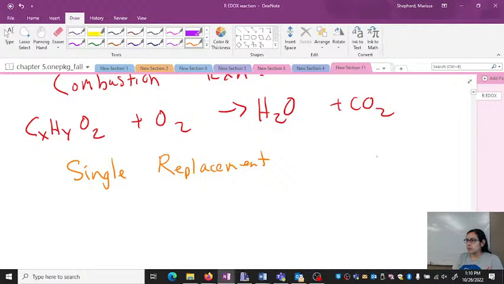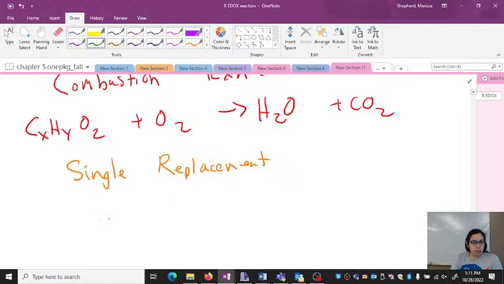It goes from element on one side to compound on the other. Would sodium chloride be one? So it has to be reacting with something. So maybe, I was trying to think of an example. So we were saying we're swapping metals.